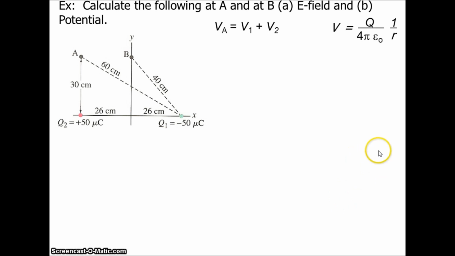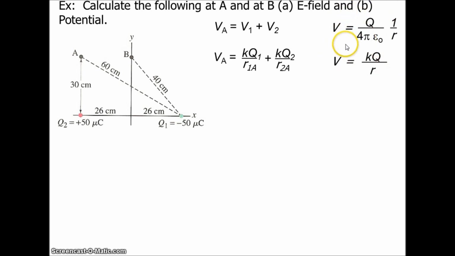Remember that for a point charge, potential would be equal to Q over 4 pi epsilon naught R, or said another way, 1 over 4 pi epsilon naught is really K, Coulomb's constant, so KQ over R. Plug this in, we get KQ1 over R1A plus KQ2 over R2A. Now C exam people would have to be able to derive this using Gauss's law and then integrating. B exam people just kind of have to have this memorized.